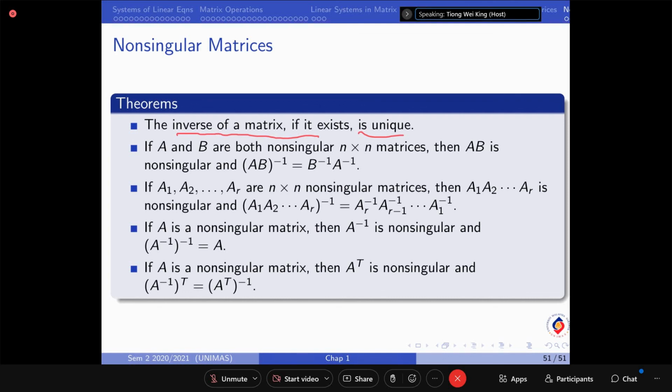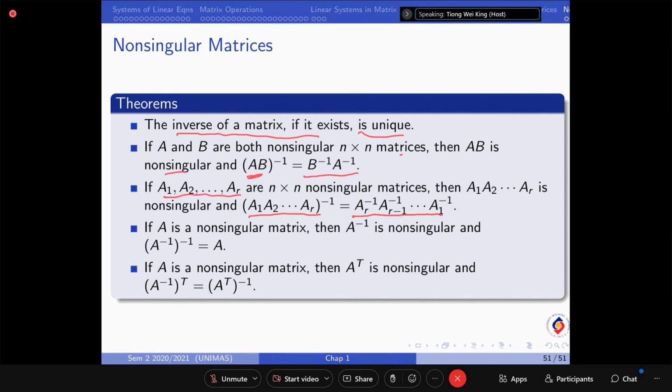And then if A and B are both non-singular matrices, then AB is non-singular, and the inverse of AB is B inverse times A inverse. This is for two matrices. You can also expand this theorem into many matrices, which is this. Then it is equal to this.